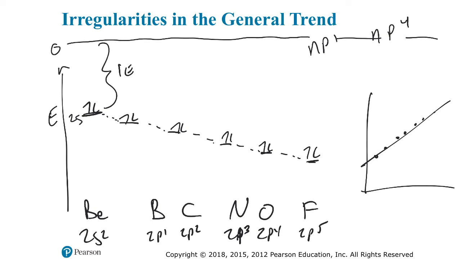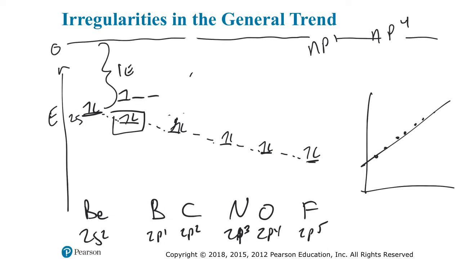The issue with boron is that the 2p subshell, which is higher in energy, requires then less energy to remove that particular electron, because the outermost valence electron is the 2p1 electron from boron, which now goes above the energy of the 2s subshell. Actually, I'm drawing this in the wrong spot. So let me draw boron's 2p here.